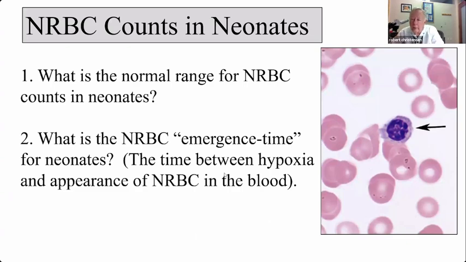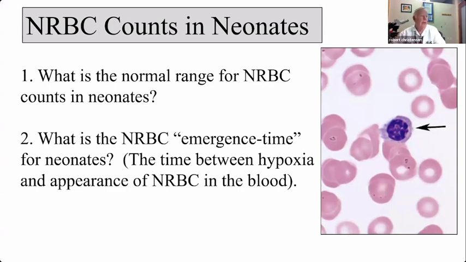It's very abnormal to see any nucleated red blood cells in the blood smear of an older child or an adult. If you're looking through a blood smear and you find one, it should pique your interest as to something is wrong. But you see them in preterm neonates. You even see some sometimes in term neonates.